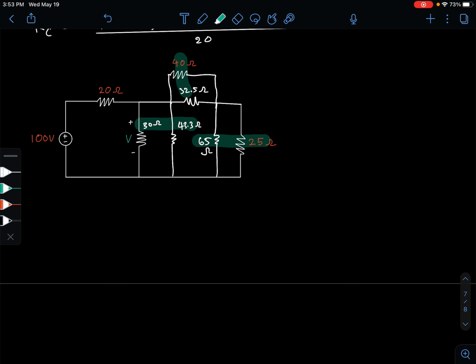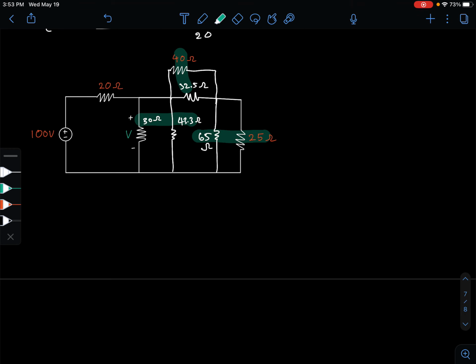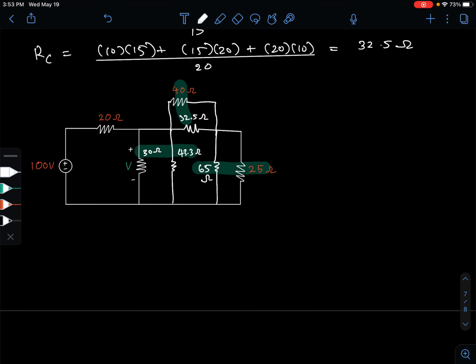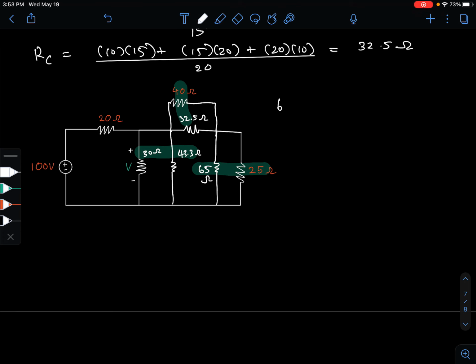So now that we've simplified the circuit, we can apply our normal everyday series and parallel circuit equations to simplify this further. 65 in parallel with 25, using your parallel simplification equation, would be 65 multiplied by 25 divided by the sum of 65 and 25, and that gives you about 18.1.